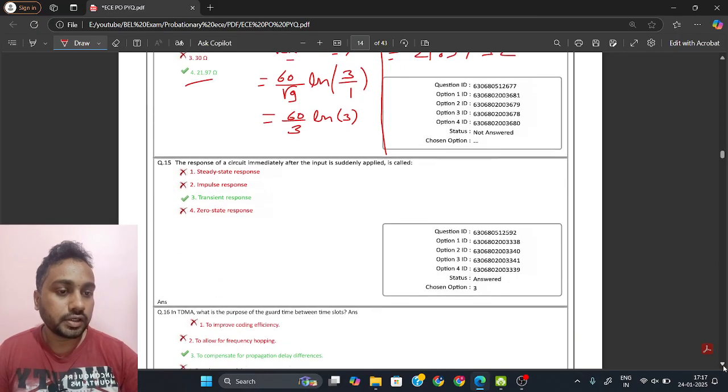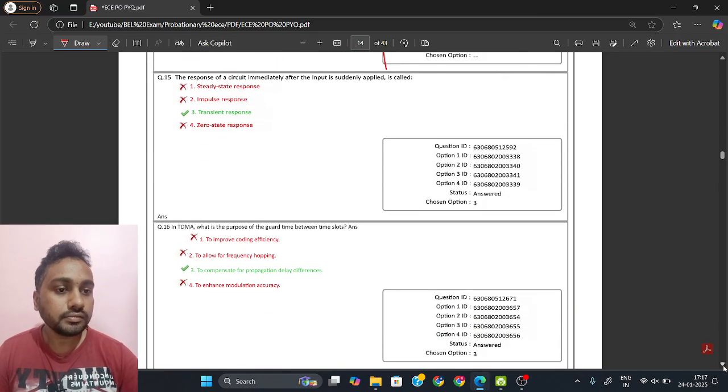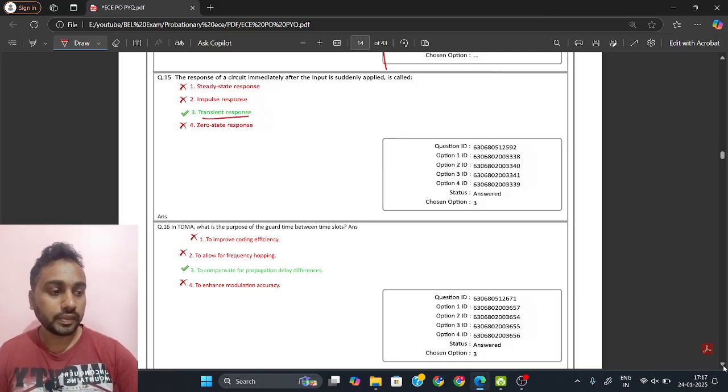Now the next question is: the response of a circuit immediately after the input is suddenly applied is called? So the response of a circuit immediately after we apply an input is called transient response. Okay.